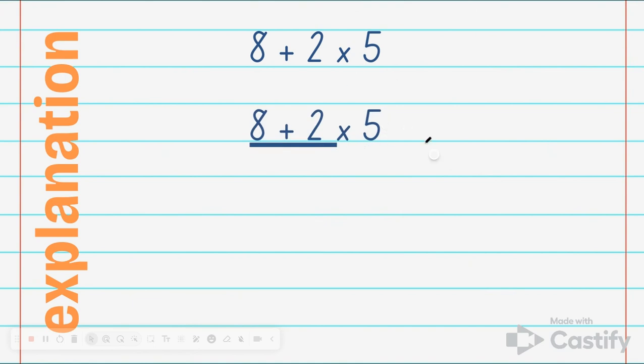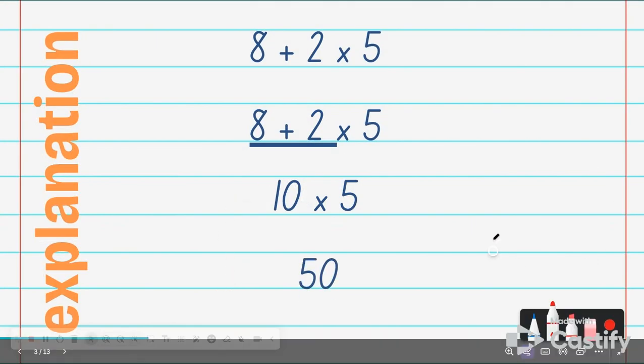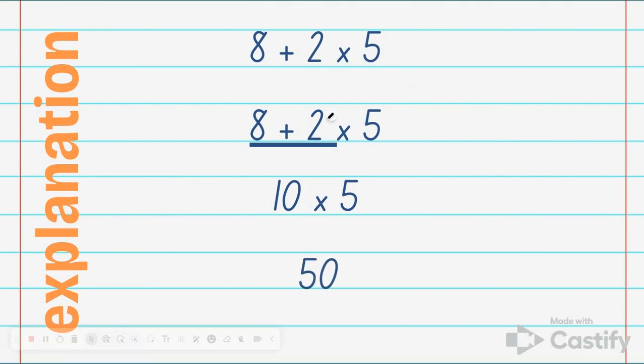So 8 plus 2, that's going to get us to 10, and then 10 times 5, that's going to get us to 50. But what we just talked about is that there's a special order when we see multiplication and addition together. So we're not just moving from left to right anymore. We're actually stopping, we're thinking, and we're going to do multiplication before addition because that's our order of operations.